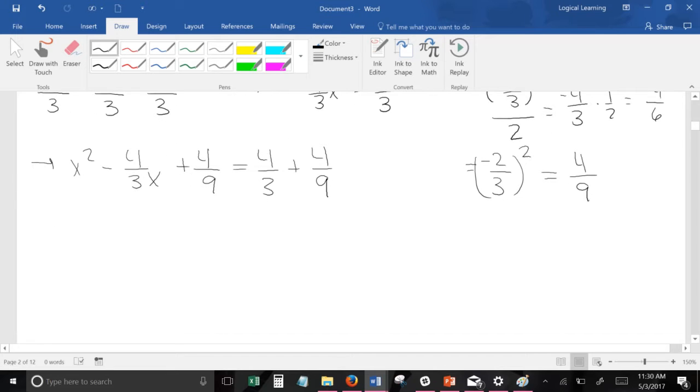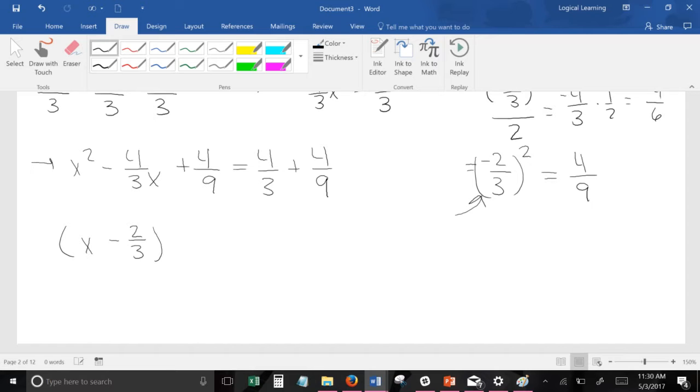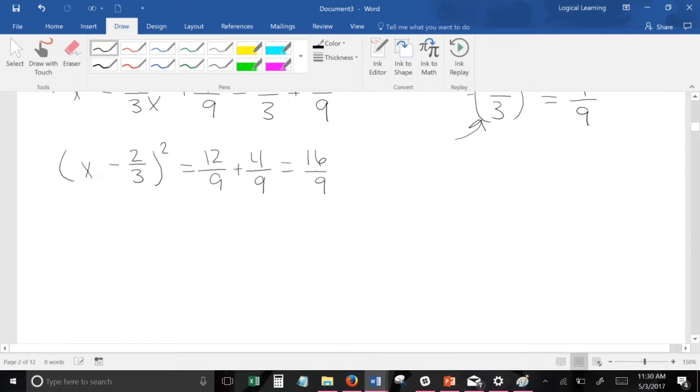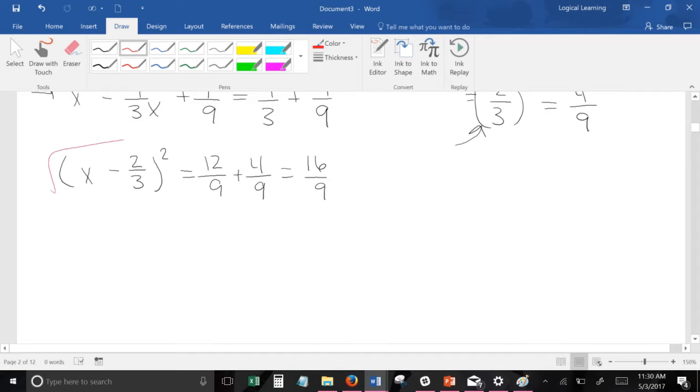4/9. Now remembering that we have x, and it's going to give us this term, x minus 2/3 squared, is going to equal, well, 4/3 is 12/9, plus 4/9, which is going to give us 16/9. Now we can take the square root of each side.